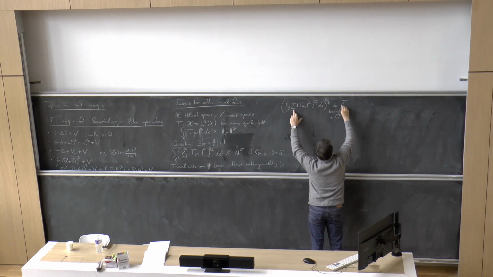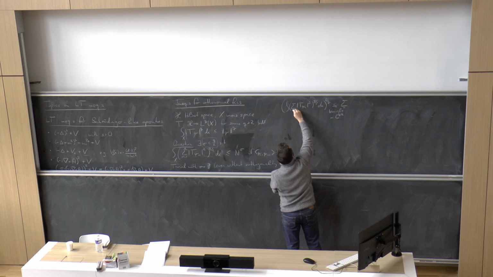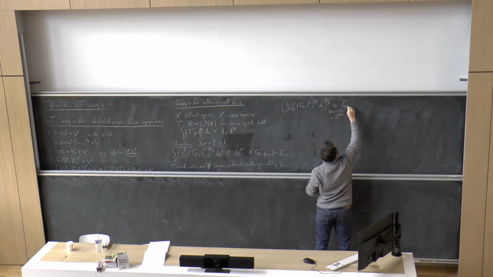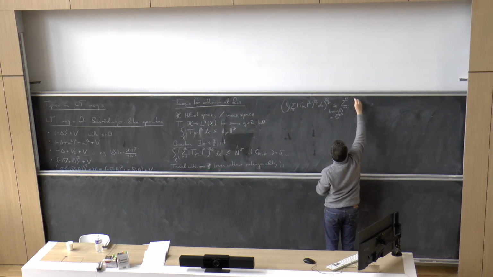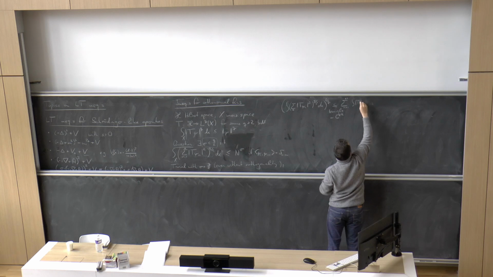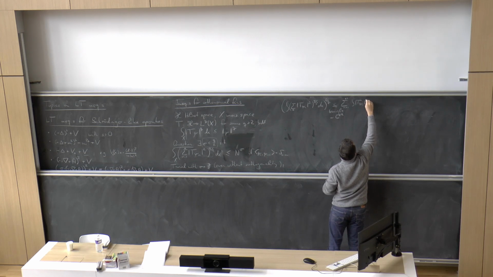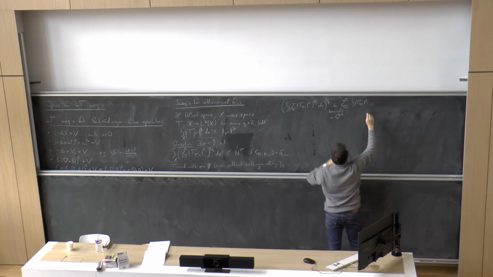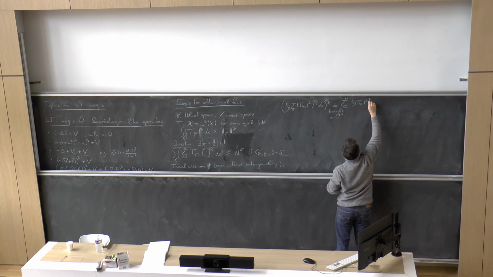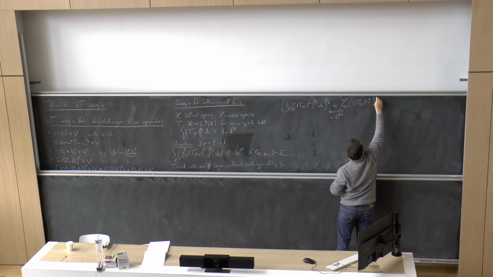So then you get the sum over n out, from 1 to n, and then we have the norm of each individual T psi n squared, to the power Q over 2, to the 2 over Q.